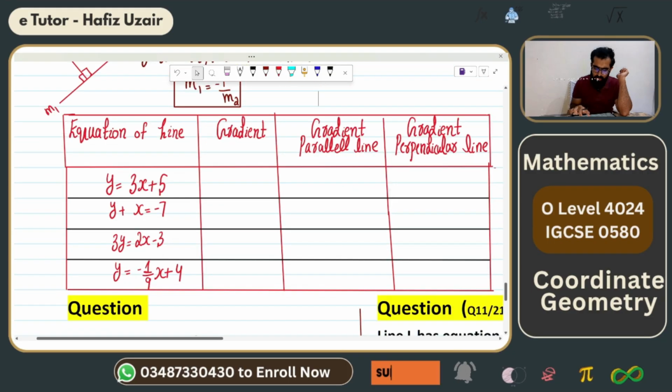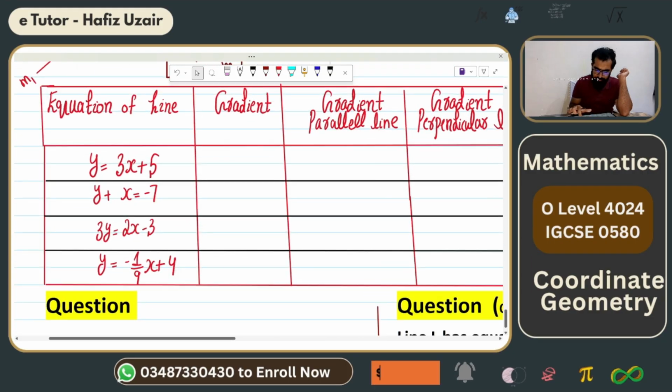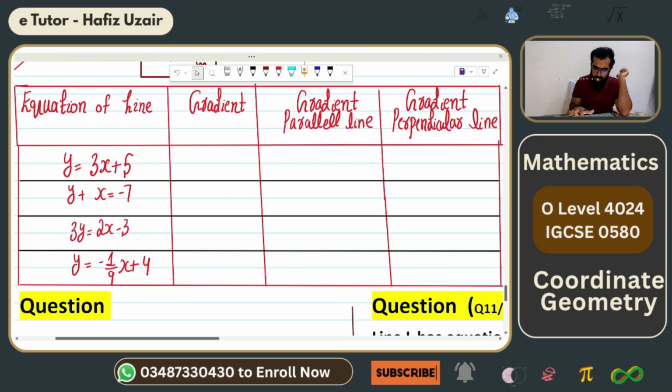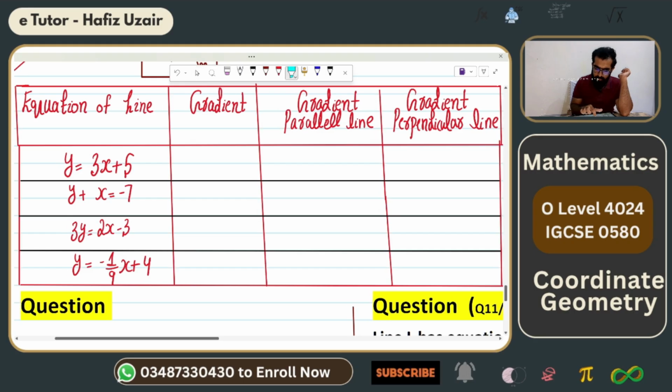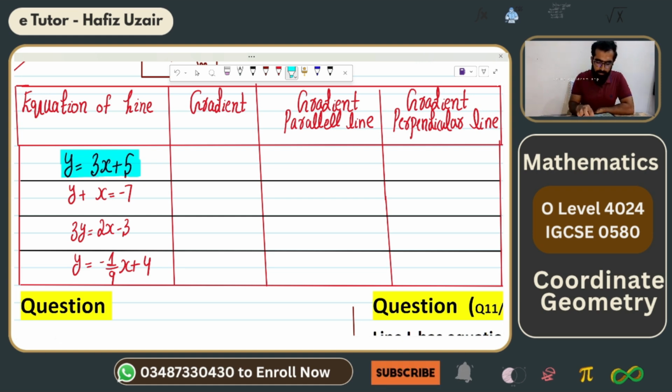Here we have an equation of a line, y equals 3x plus 5. Can you find the gradient of this line? Yes, you compare it with y equals mx plus c, and you can easily find the gradient of this line as 3. Now, what is the gradient of a line that is parallel to this line?